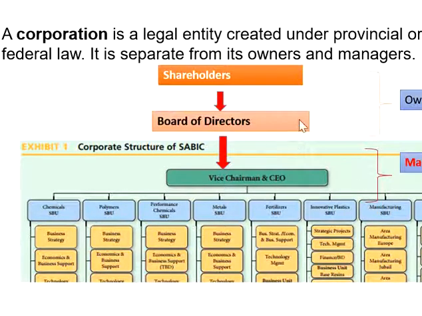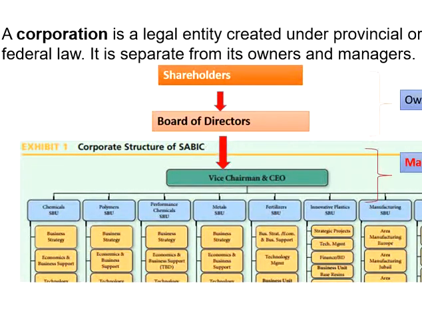Welcome back. This is just an example of the organizational structure of SABIC. It is also an example for us to understand how a large organization can be run through decentralization. Here you can see in the organizational structure of SABIC, there are shareholders, board of directors, vice chairman, and CEO.